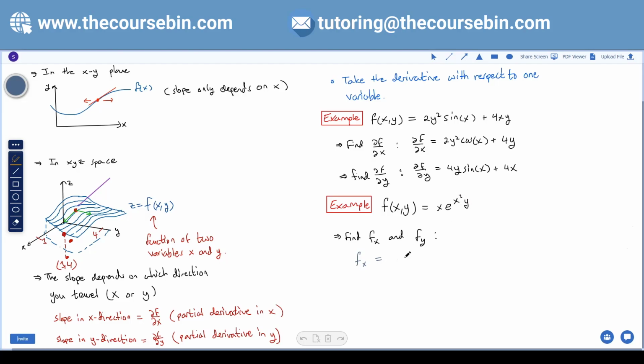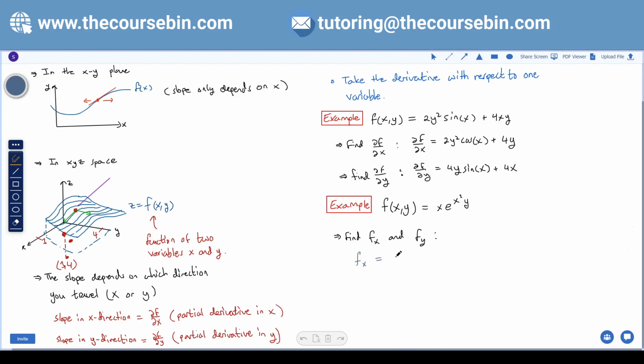All right, so we're going to apply the product rule. So the partial with respect to x here is going to be e to the x squared y, because the derivative of x is just 1, plus x times the derivative of e to the x squared y. So let me write it again, a little bit more clearly.